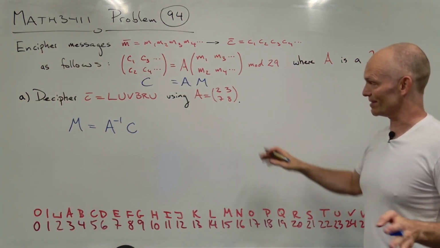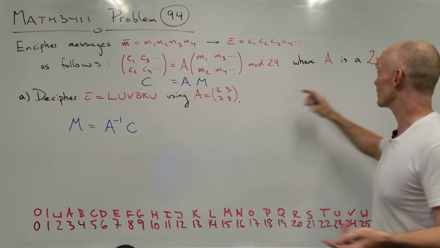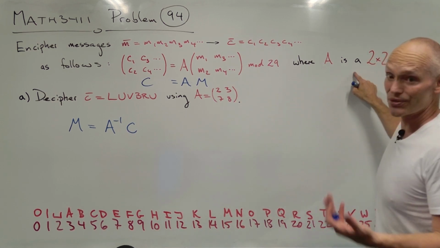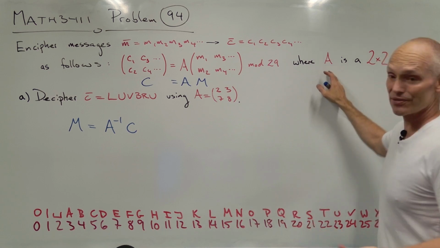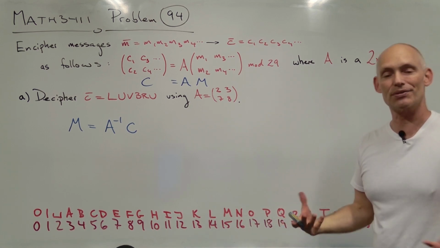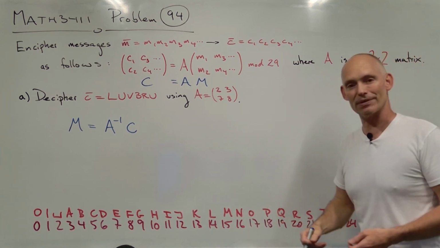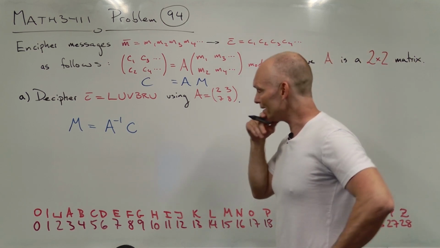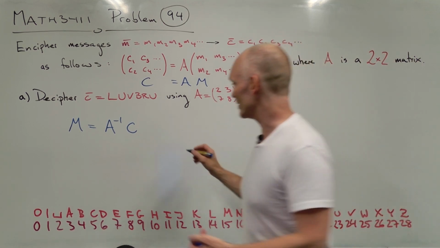Well, we don't know yet. We'll have to find that out. But first of all, in order to have an inverse, this matrix has to be invertible. So that's implicitly part of the statement of the question as well. Okay, cool. Let's have a look.